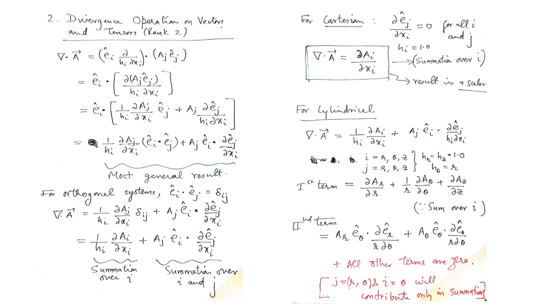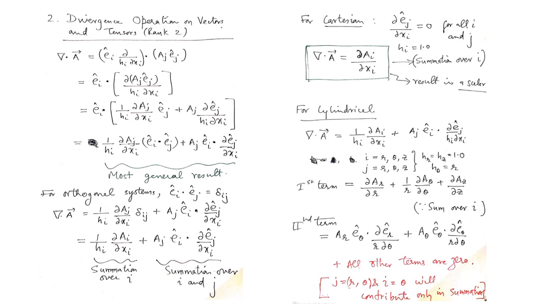Now for the Cartesian system, we all know that the unit vector derivatives are all 0 and h_i is 1. So the divergence in Cartesian system is simply del a_i del x_i. That means the components of the vector along different directions, you take their corresponding partial derivatives with the coordinates along those directions and just add it up, because i is again the repeating index, so the result is a scalar.